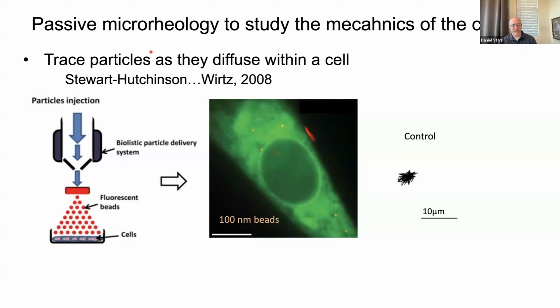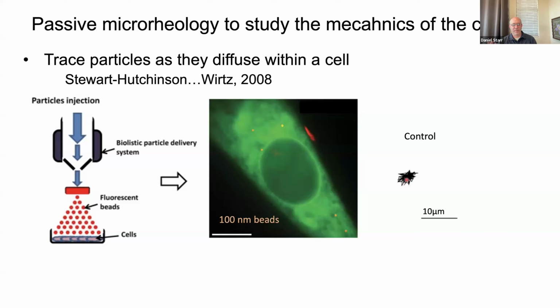And the way to do this in cells, traditionally pioneered by the Wirtz lab, was to literally shoot particles, bombard particles with a gun into tissue culture cells. And these particles, these little fluorescent plastic beads of known size and known brightness, once you have them in the cytoplasm of a cell, you could track them over time. You can watch them diffuse around over time.